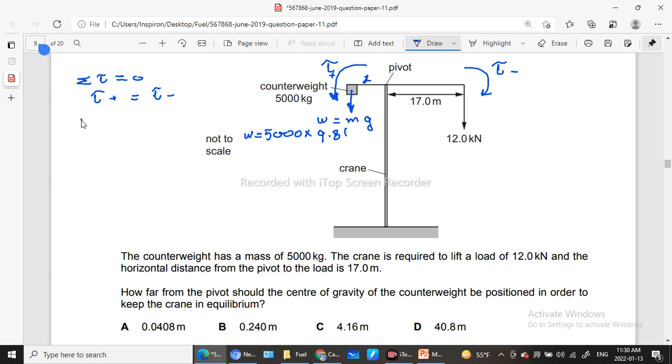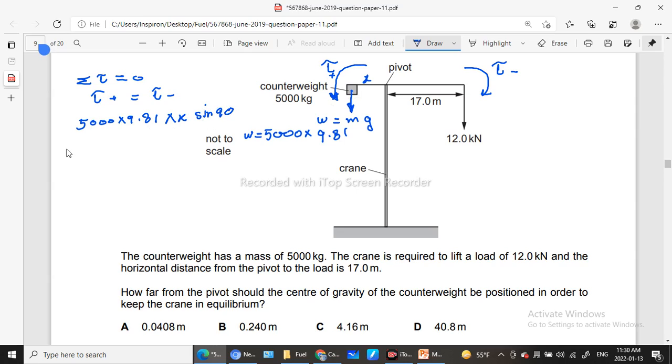The torque equals the force times the normal distance, we assume it x, times sine 90. The angle here is 90.